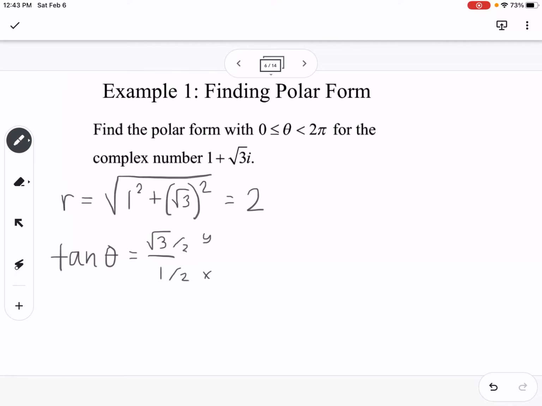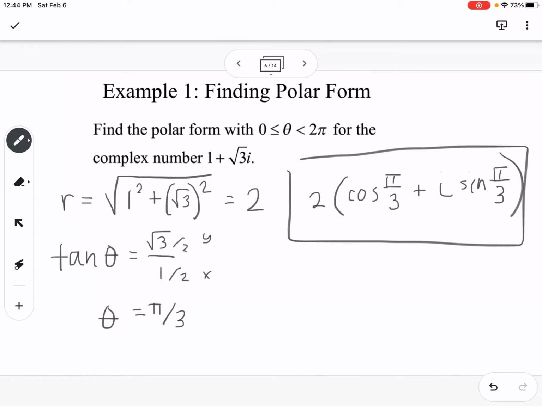That would be pi over 3, so theta is pi over 3. That means the polar form is 2 times (cosine of pi over 3 plus i sine of pi over 3). So that's the polar form of 1 plus square root of 3 i.